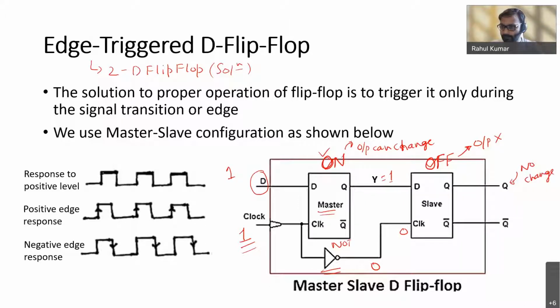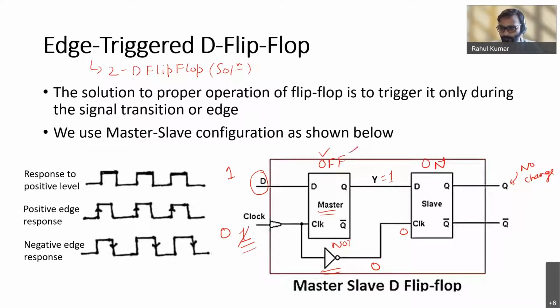Because your slave flip-flop is turned off. Now, when your clock pulse becomes 0, your master flip-flop will turn off, and your slave flip-flop will turn on.